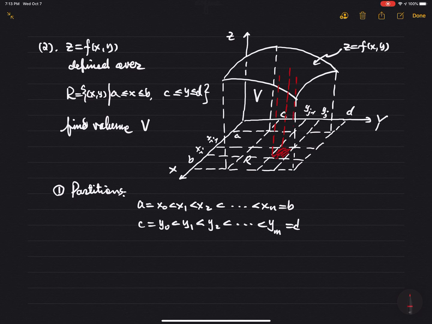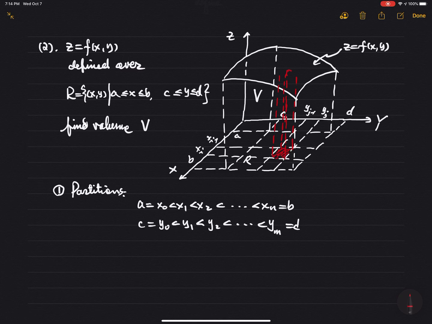Something like this happens to be here, and then we have this one here.